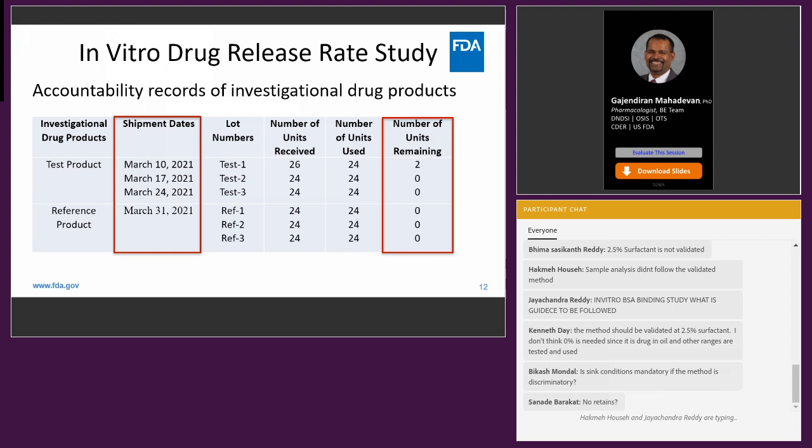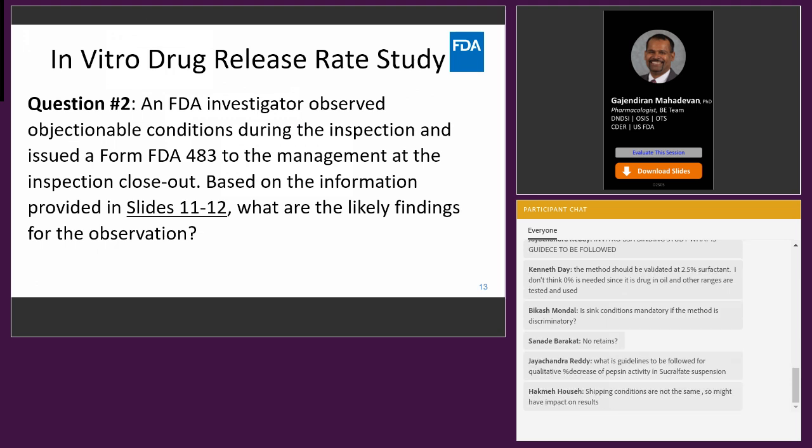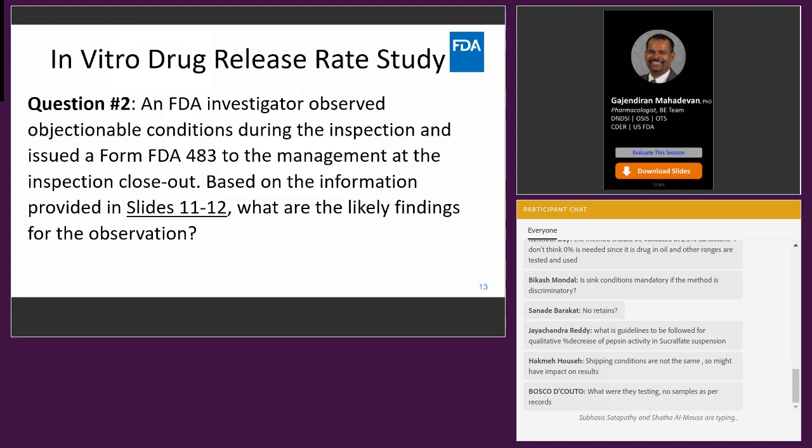Before answering, question number 2. An FDA investigator observed objectionable conditions during the inspection and issued a Form FDA 483 to the management at the inspection closeout. Based on the information provided in slides 11 through 12, what are the likely findings for the observation?